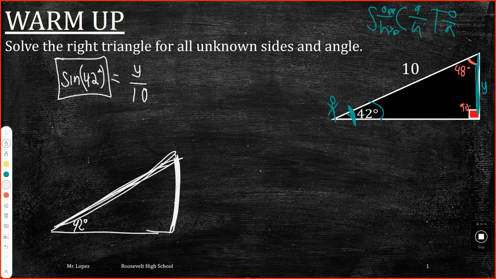Go ahead and put sine 42 in your calculator. Make sure it's in degrees. Make sure it says degrees right there. What's sine of 42? Are you getting 0.669?